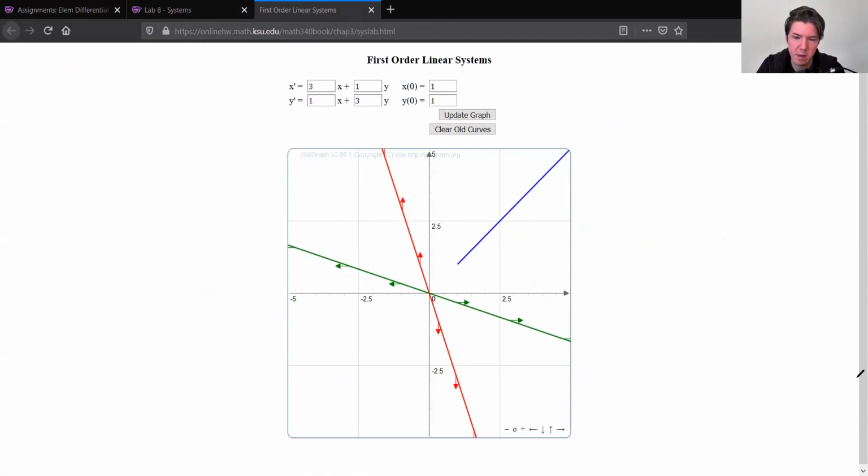I want to chime in here. Someone asked a question about getting the arrows to switch directions. Actually, two students did. I can't remember what I had this to start with. I think it was 1 and 0.